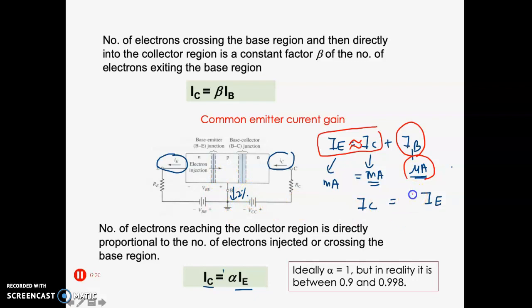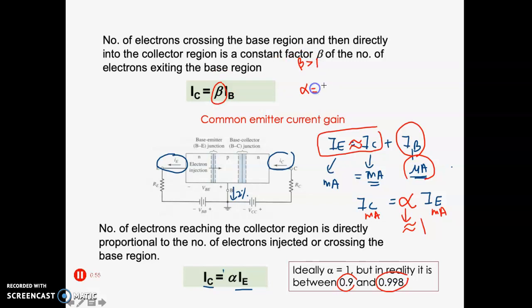So you have another denotation here that we call alpha. Your alpha value ideally will be equal to 1. If your IC is milliampere, your IE will also be milliampere. But in reality, it becomes 0.9 or 0.998. Just now, your beta value must be more than 1 because it is a gain.